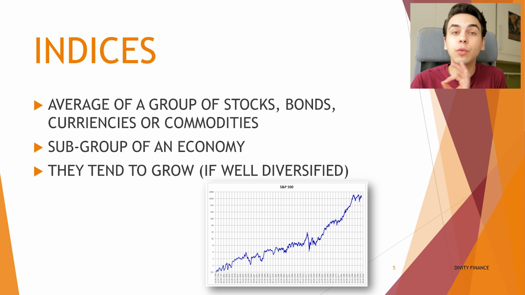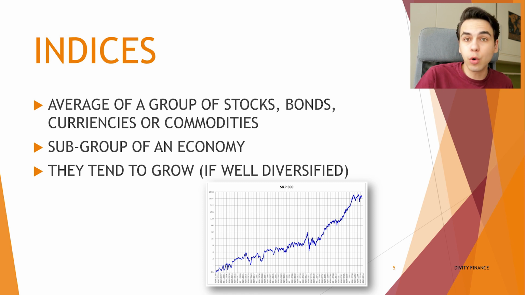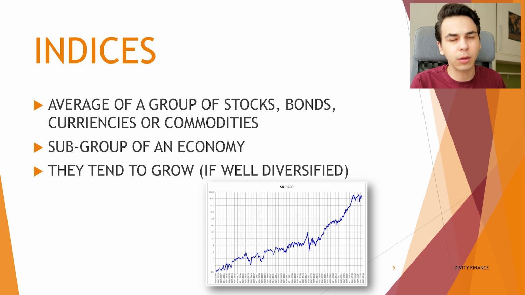For an index to fail, we need a group that the index characterizes to fail. If we want the MSCI World to fail, to go to zero, to make us lose all the money, we need the world economy to go bye-bye. And if the world economy goes bye-bye, well, probably there is not even the need to worry about money anymore.